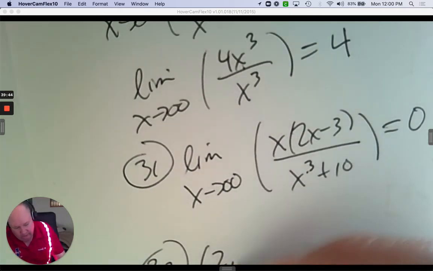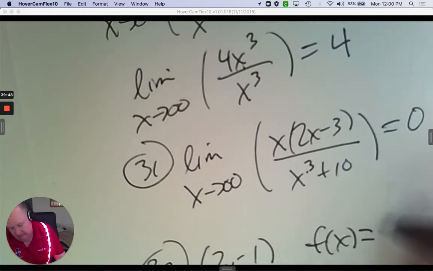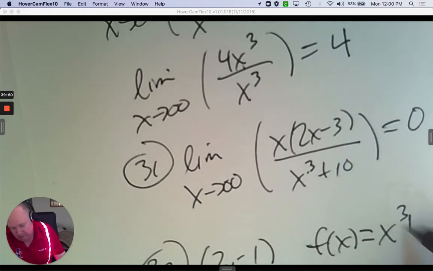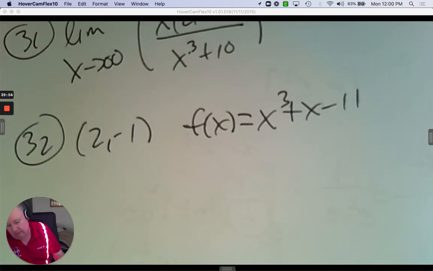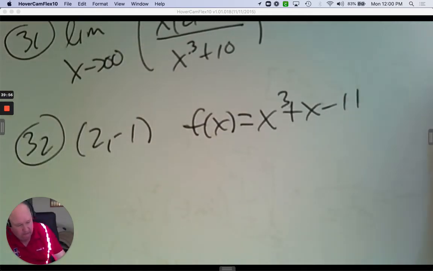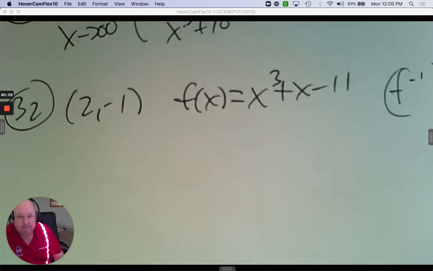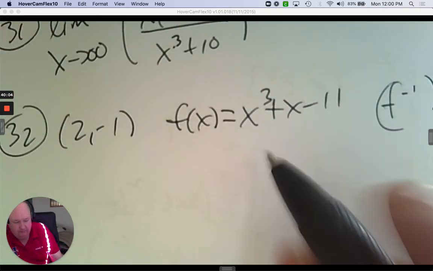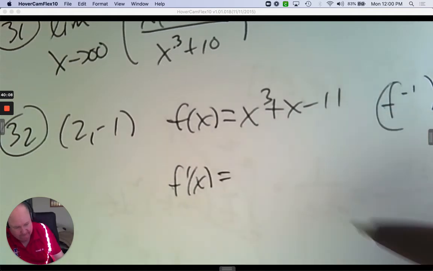In 32, you're given the point 2, negative 1, and we have a function f of x equals x cubed plus x subtract 11. And it says, find the derivative of the inverse. So our goal is to find this, right? Step one here is we're going to take the derivative of f of x.